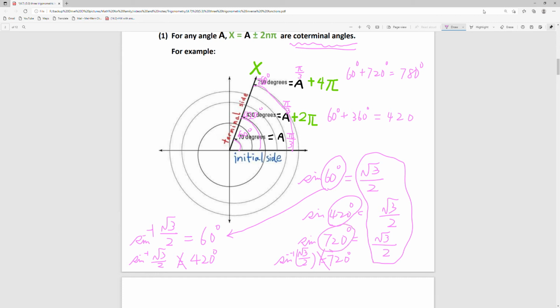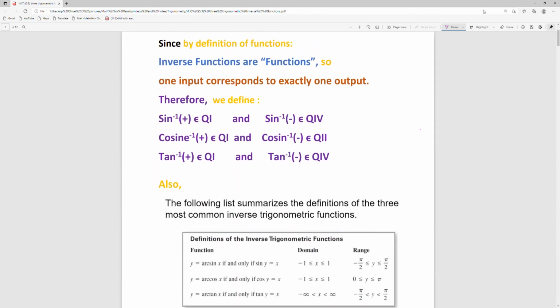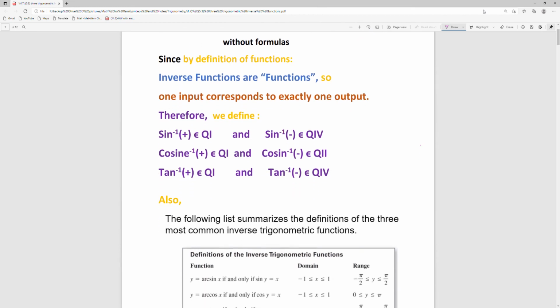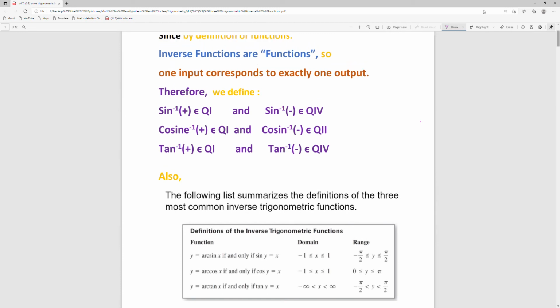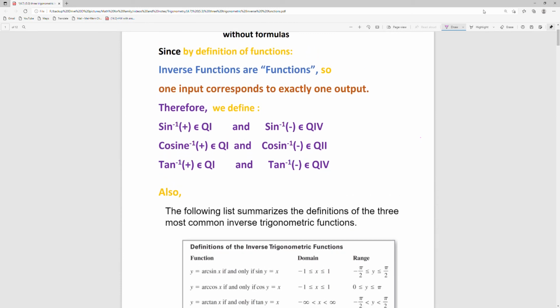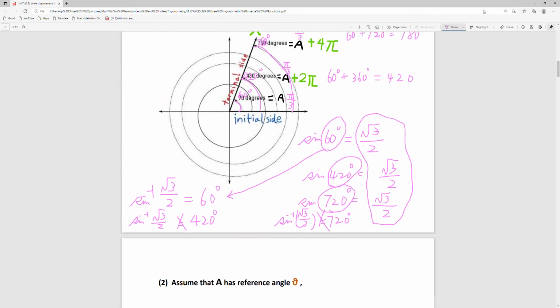Why is that? Let me show you why. We need to go back to our first page. By definition, inverse functions are functions. Remember the definition of a function: one input corresponds to exactly one output.